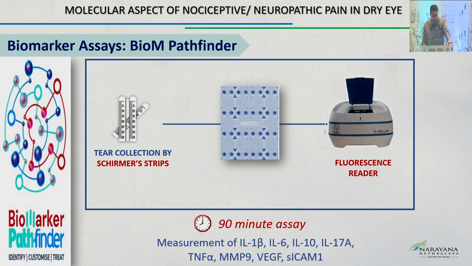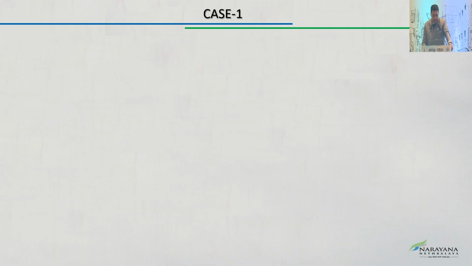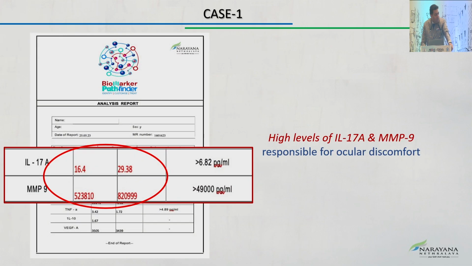But what we started looking at with our point of care kit, where we have a stall in AIOS this time, where you can analyze your tears and understand what is going on, is that these patients had very high levels of certain markers. One of the markers which I did mention in the past was IL-17, which is not always controlled with your steroids or your cyclosporins or your tacrolimus.